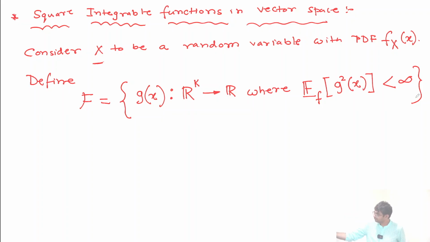And when this property is satisfied, you call it square integrable functions, because g can take different forms. So g is a function, and for each of those g the square of that g is integrable. You can compute the expectation of the square of that function. So fundamentally it is saying that the variance is well defined. If the variance of a function is well defined, then that is called a square integrable function. Clear?